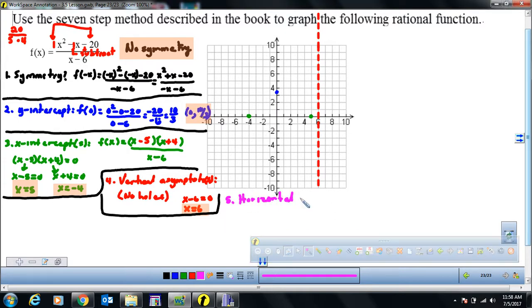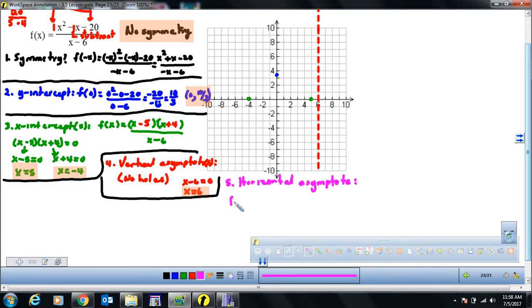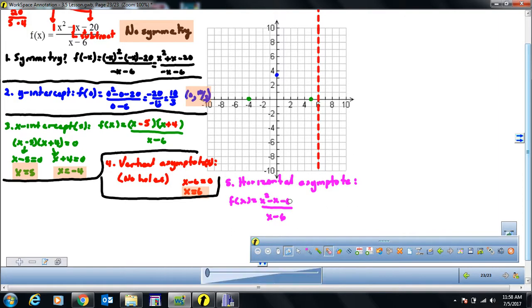For the horizontal asymptote, we need to look at the degrees. So let's look at the original: f of x equals x squared minus x minus 20, divided by x minus 6.